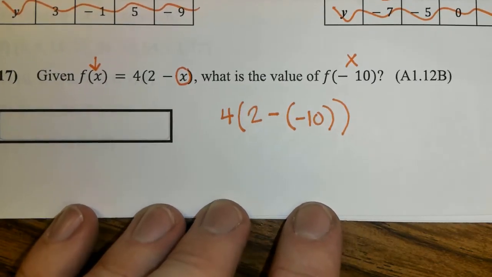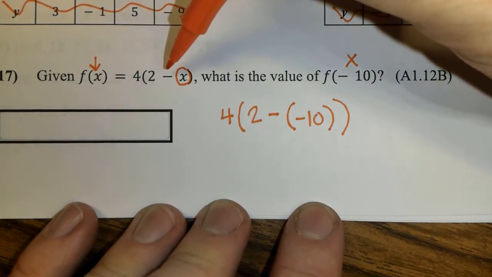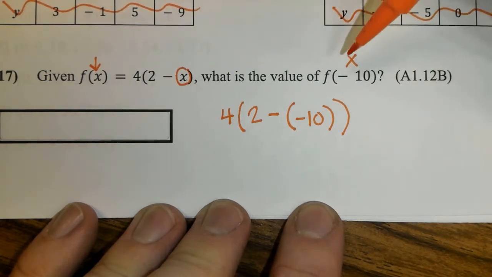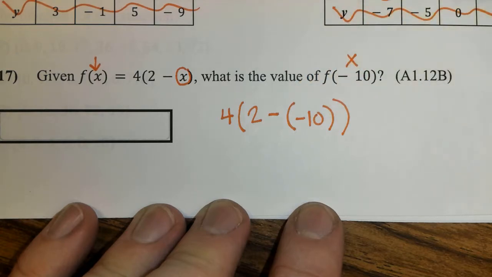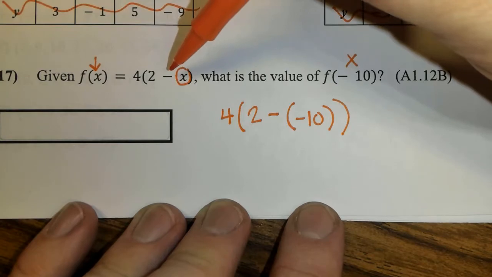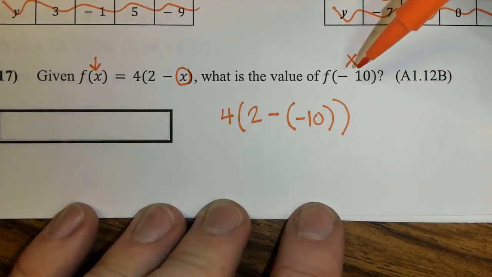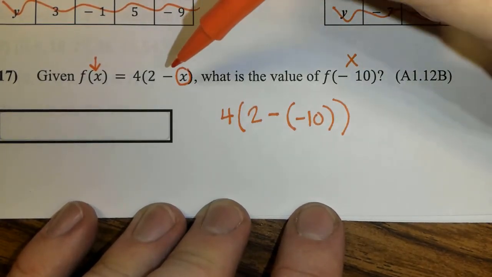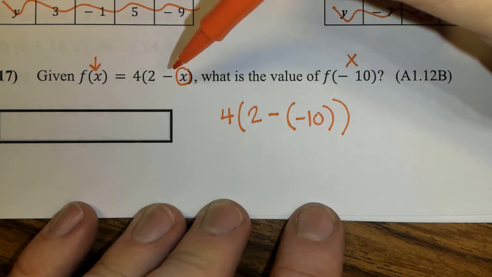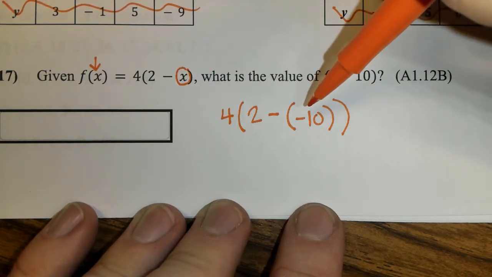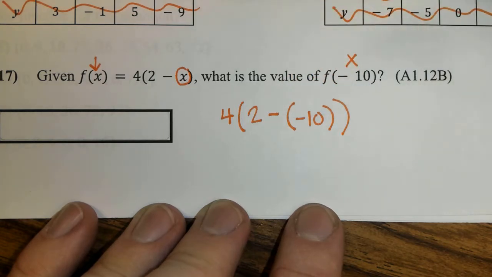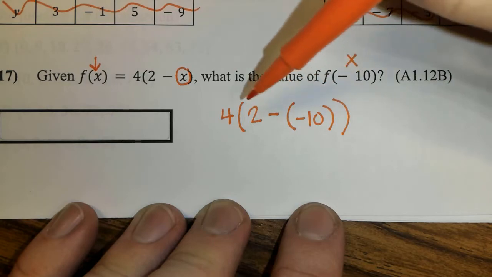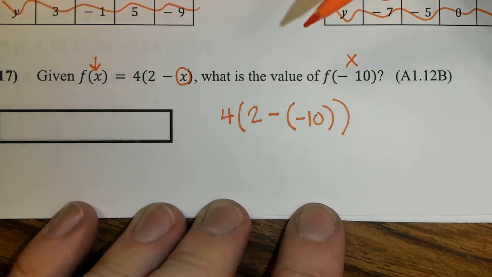Because I have seen a lot of people do this: you already have a negative in front of the x, and then you see the negative 10 and go, oh, it's just one negative with a 10. But that's wrong, because the negative in the equation is separate from the negative 10, which means I should have two negatives. Now, if you write it this way, you can type it in and get your answer.